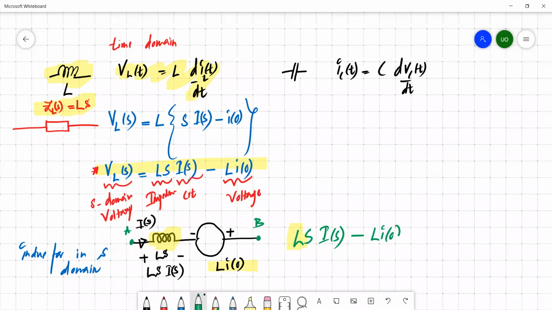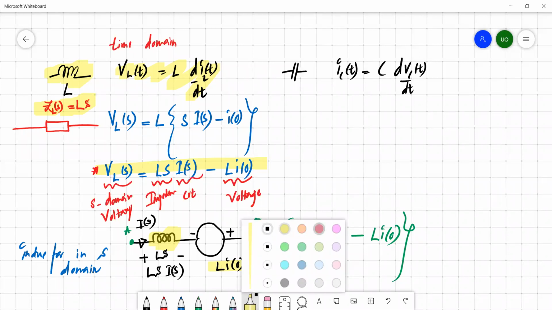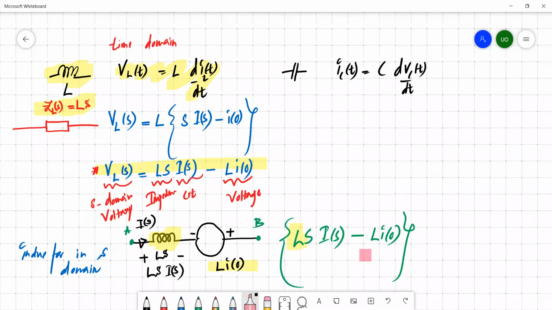So it's like L I0. This is the entire voltage drop across the inductor. So if you want to replace an inductor with a voltage source, this is the ideal replacement. So you can just replace this.